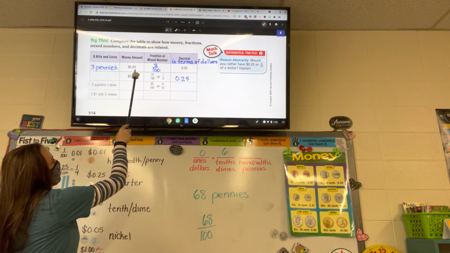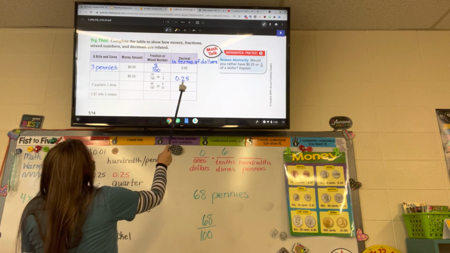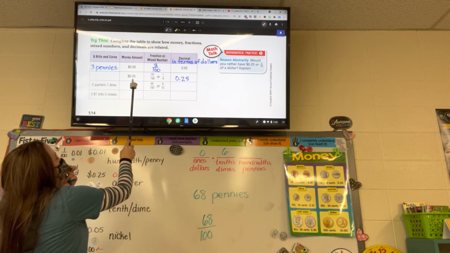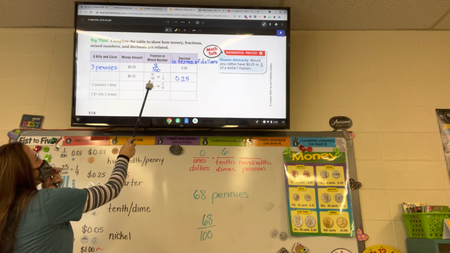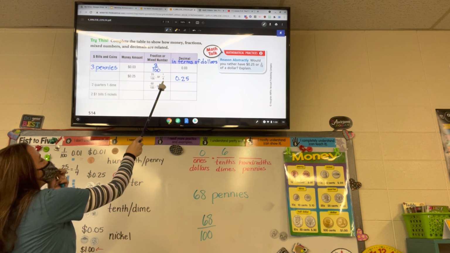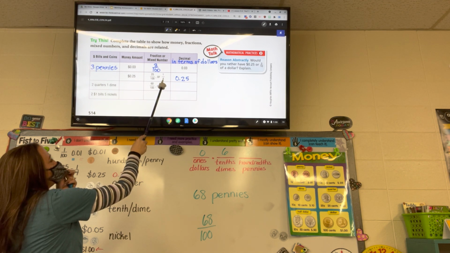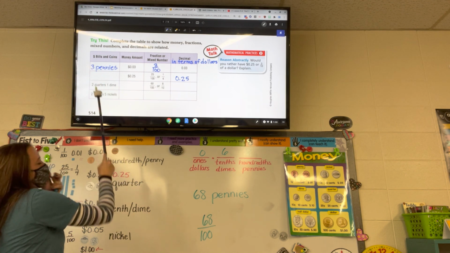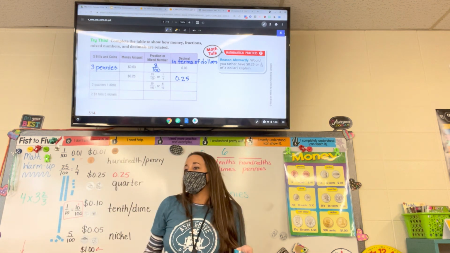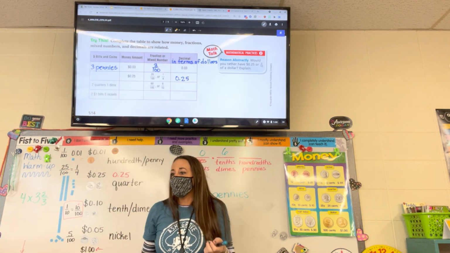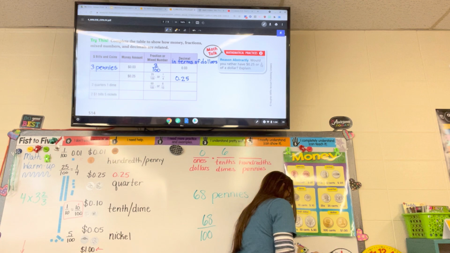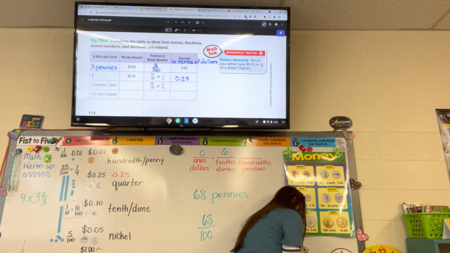The hundredths. Okay, then over here we have 25 cents, which of course can be either 25 hundredths or 1/4, in simplest form. Is this pretty much the simplest way to make 25 cents, Landon? 1/4. Give yourself a point.